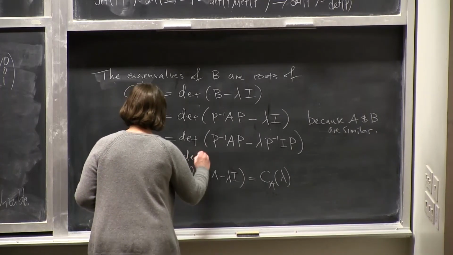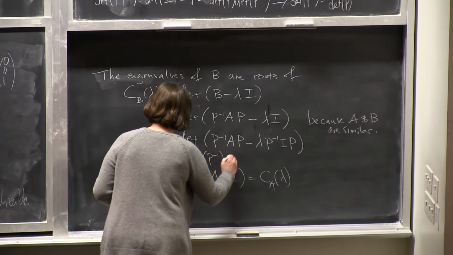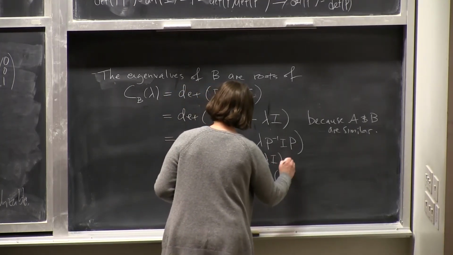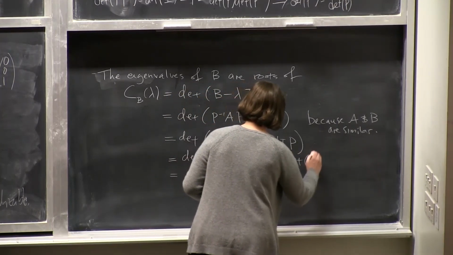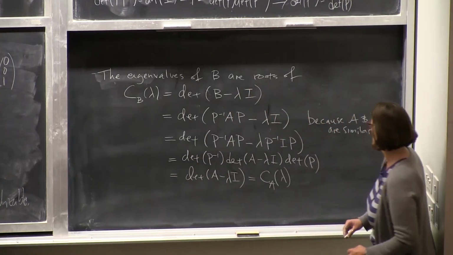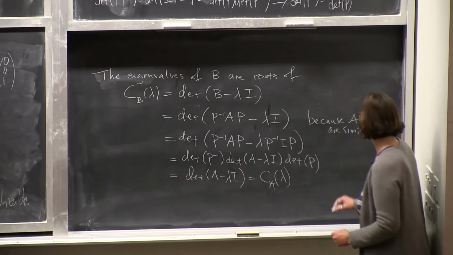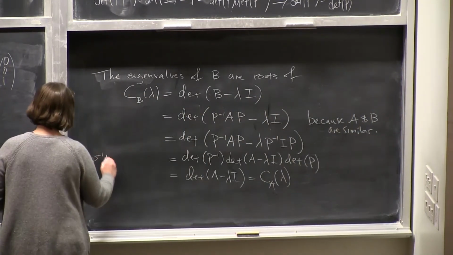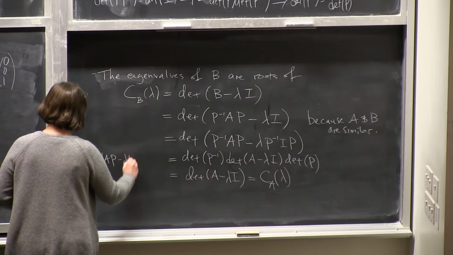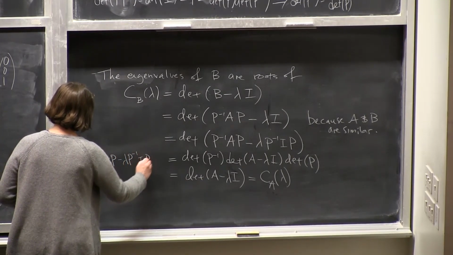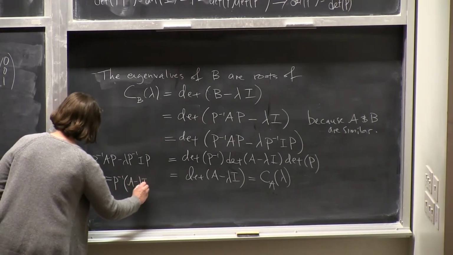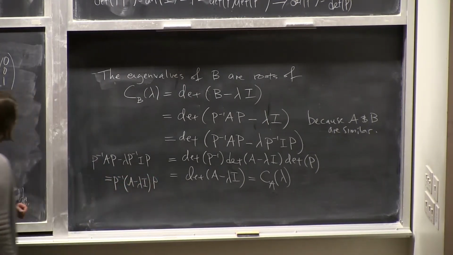This is the determinant of P inverse times the determinant of A minus lambda times the identity times the determinant of P. And so here I just use the fact that P inverse AP minus lambda times P inverse identity P is the same thing as P inverse times A minus lambda times the identity times P.